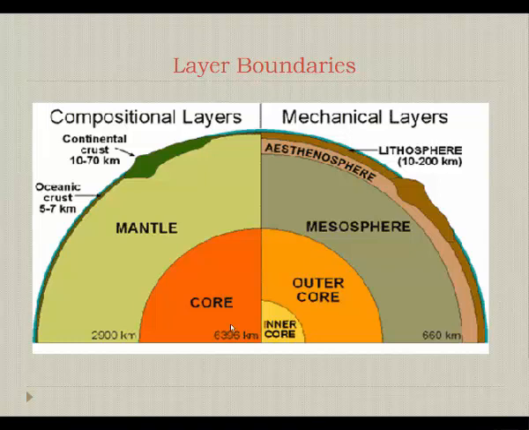So the surface layer in the mechanical system is called the lithosphere. And the lithosphere, as you've likely experienced in your own life, is very rigid. It's a solid layer, right? When you walk around on the Earth's surface, the rocks are very solid. And these solid rocks that form the surface of the Earth contain all the crust as well as part of the upper mantle.